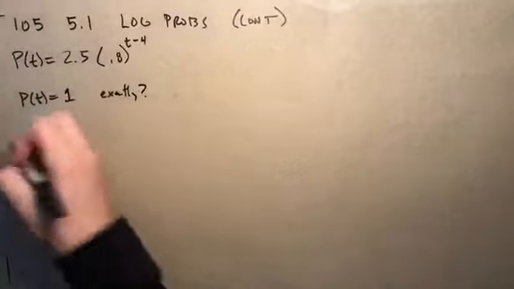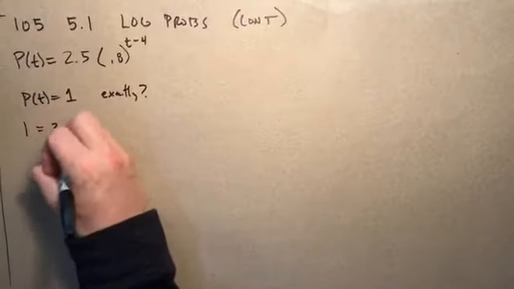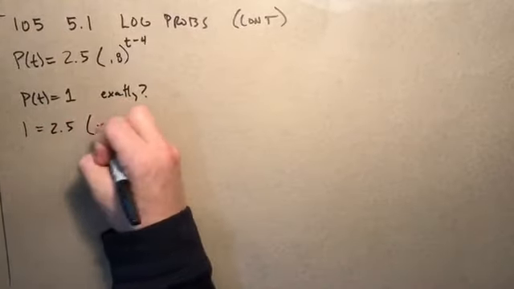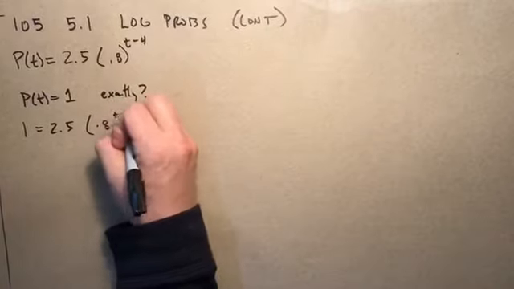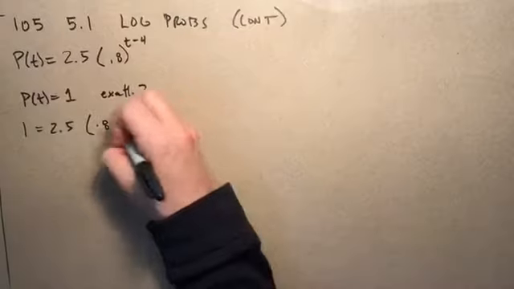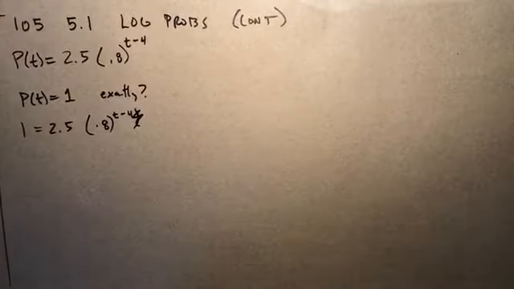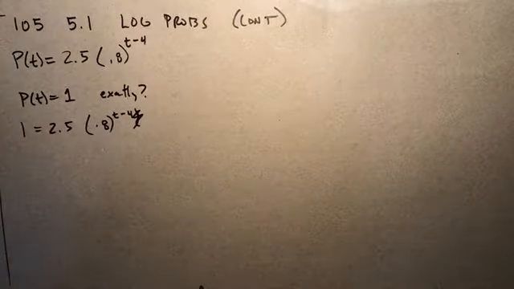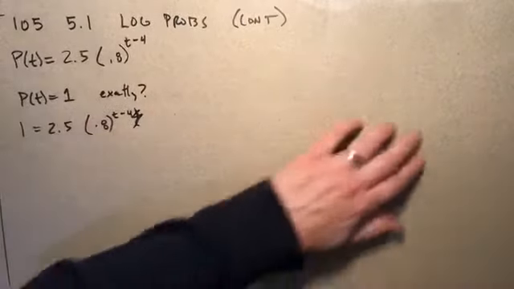So we can set this equal. We can say 1 is equal to 2.5 times 0.8 raised to the t minus 4. I think isolating our exponential is usually a very good idea.